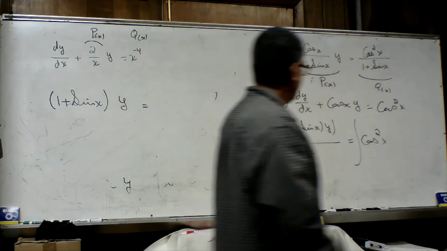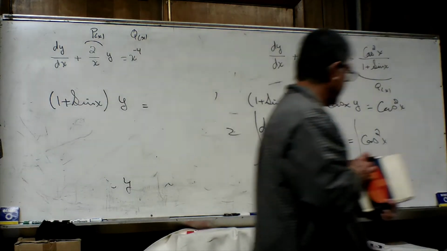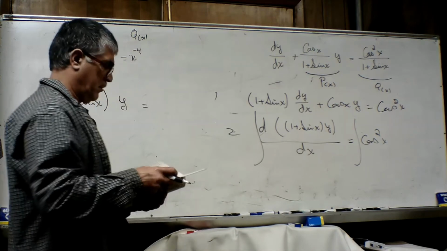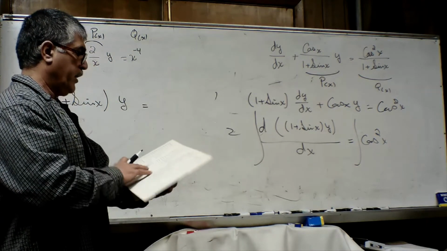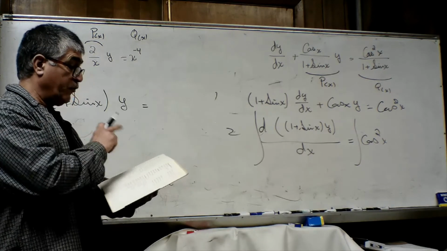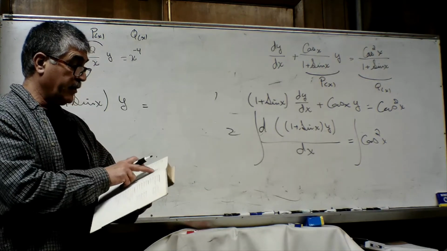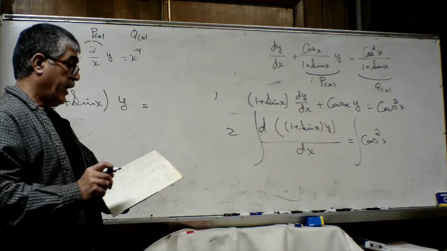Let's see what the integration of cosine squared x is. Okay, the 64th formula is the integration of cosine squared x.